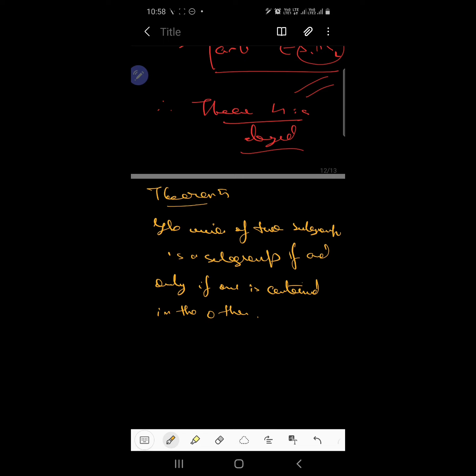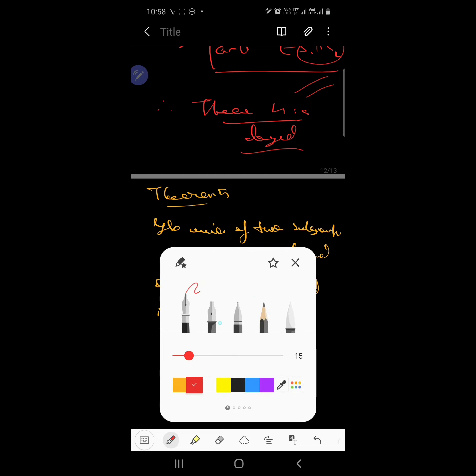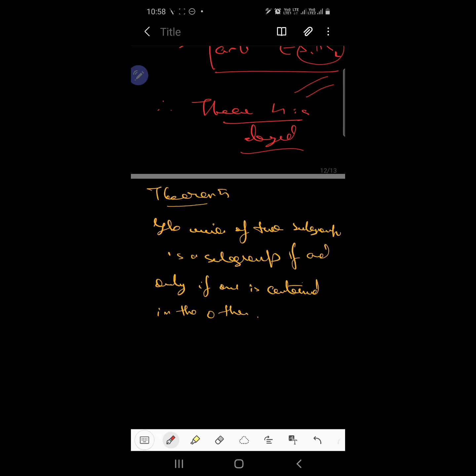So what does this basically mean? This means that if we have two subgroups of G, let's say S1 and S2, then we need to show that either S1 is a proper subset of S2 or S2 is a proper subset of S1, and only then is S1 union S2 also a subgroup of G star. This is what we need to show.